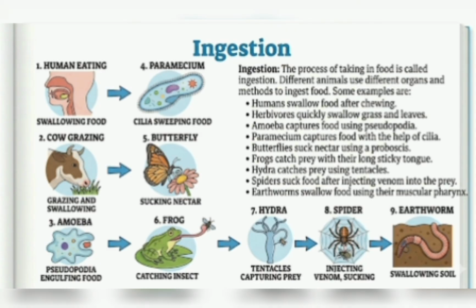Hydra is a small organism which we cannot see with our naked eyes. It catches its prey using this organ called tentacles. And spiders suck food after injecting venom into the prey. And earthworms swallow food using their muscular pharynx.